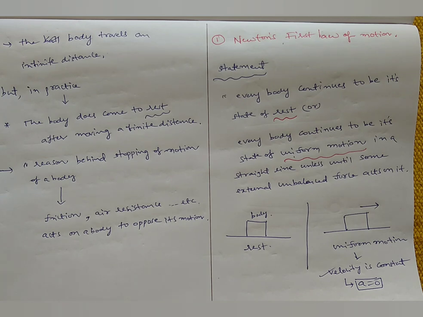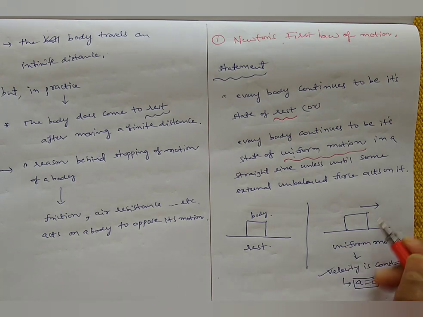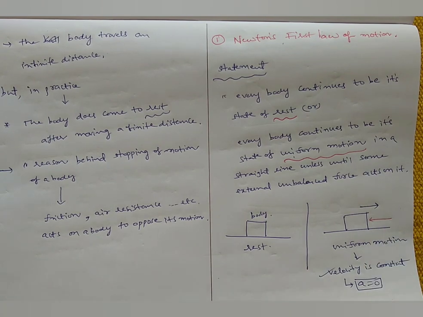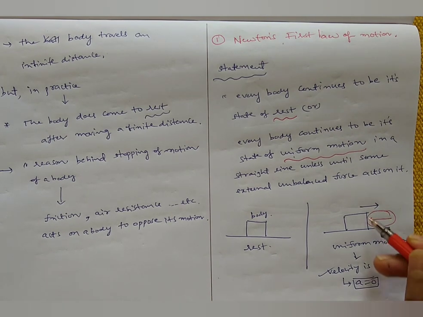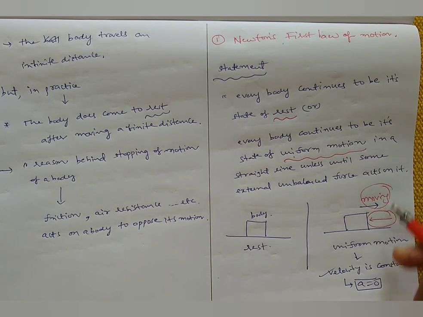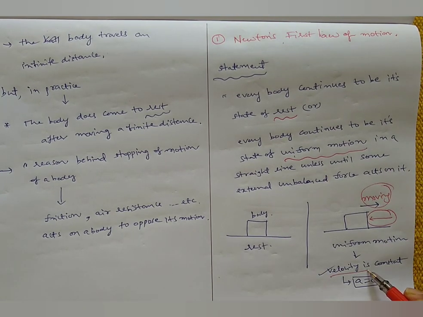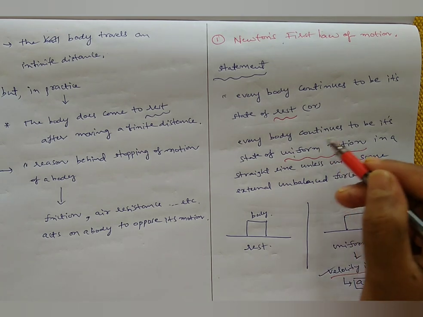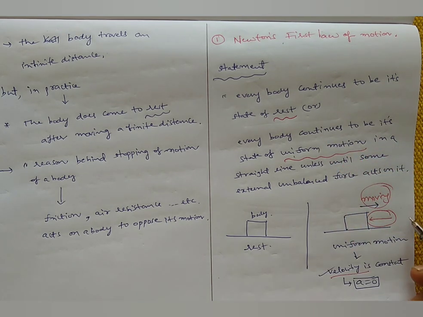Suppose if you want to stop this body, then we will apply some force in opposite direction to the motion of the body so that it will come to rest position. That means we are applying the force to change the state of the body, because here it is already moving. When it is moving with constant velocity, then the body wants to be in the same state. But if you want to stop this body, you need to apply the force externally.